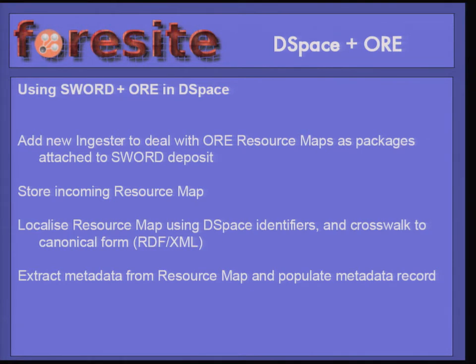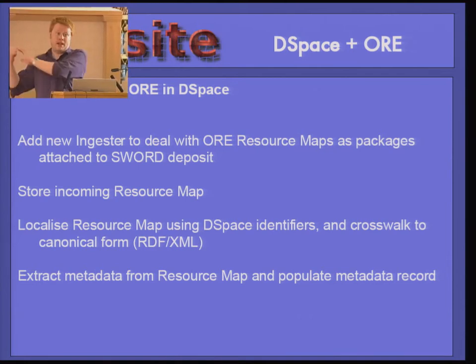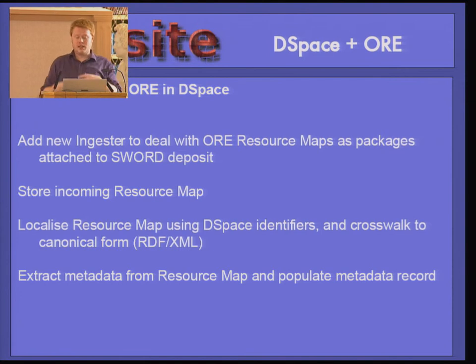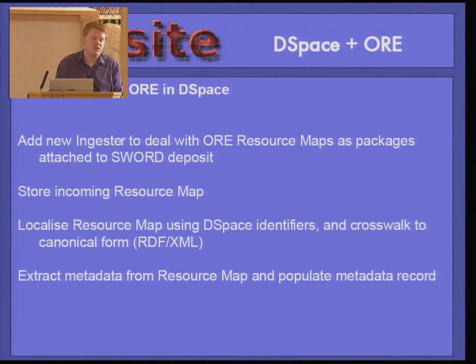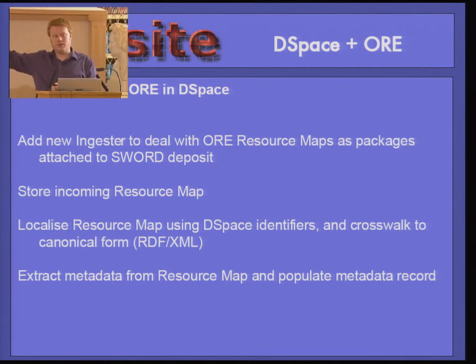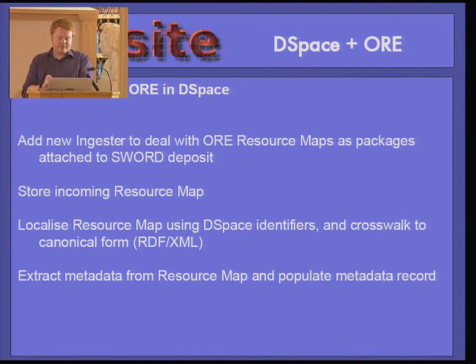So DSpace assigns identifiers to everything that's in the archive, and those identifiers need to be part of this resource map now, because this resource map can be identified in new ways. So we add a few more identifiers, we localize it to the DSpace install that it's been put into, and we store that in a canonical form. This is an arbitrary decision, but I like RDF XML, so I store it in RDF XML.